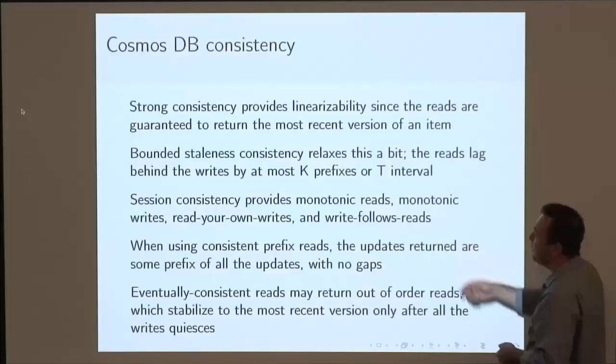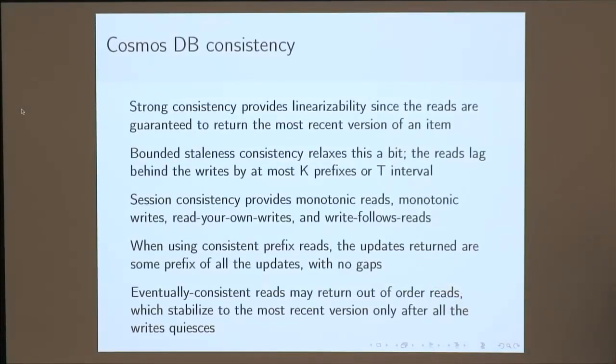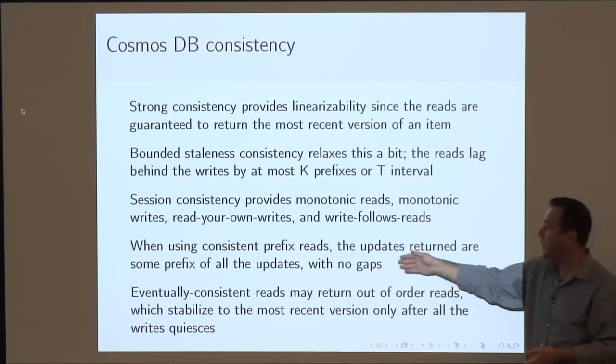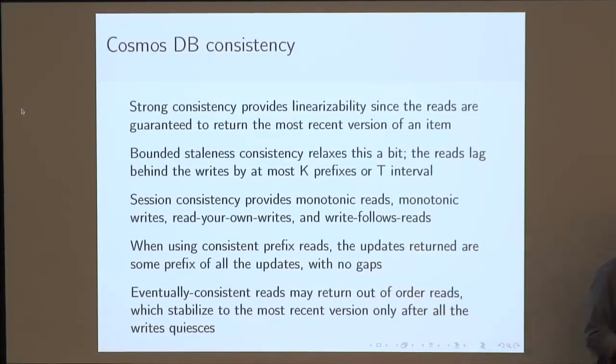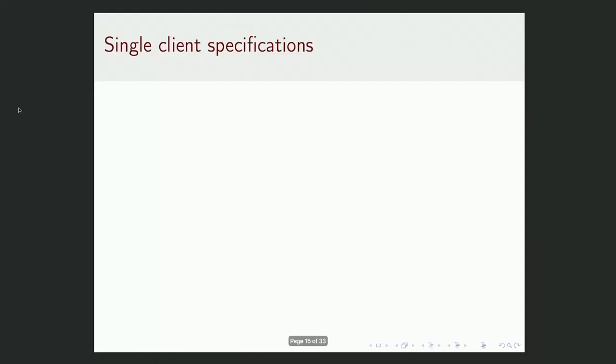So consistent prefix is similar, but it says that the replicas are getting these writes without gaps. Okay, so this is a hand-waving discussion of these consistencies, but with the TLA Plus models, now we are going to get into more detail, and we will get a chance to see TLA Plus in action.